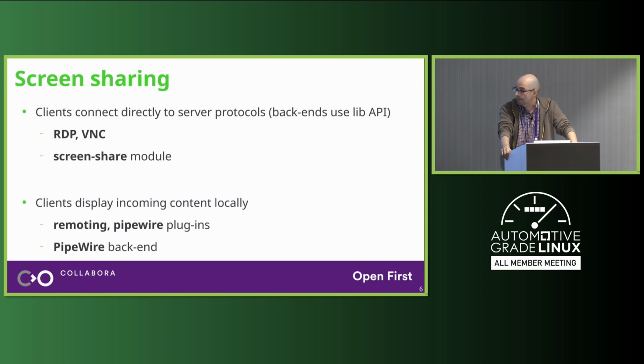The last one is more closely related to mirroring, where the first one is more closely related to screen sharing. All of these backends, plugins, and modules are exposed by libweston, which is the library that the AGL Compositor is built on top of.